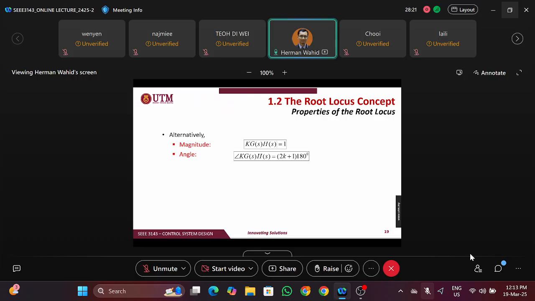This is what we call the magnitude criteria and also the angle criteria.